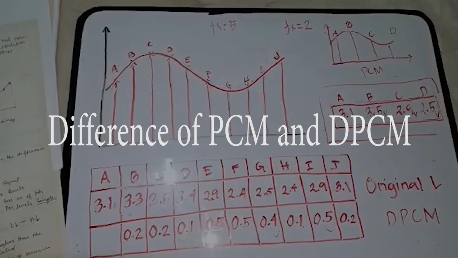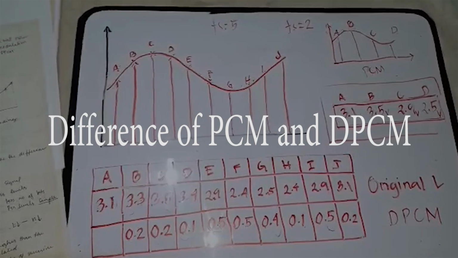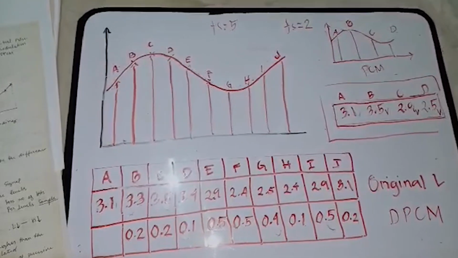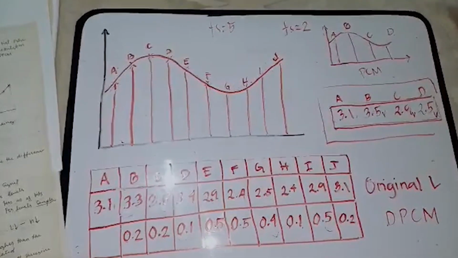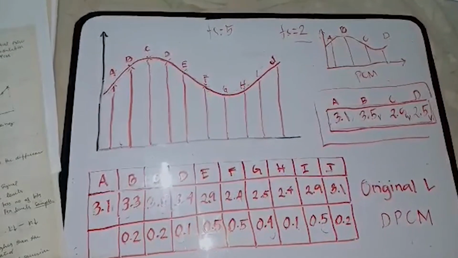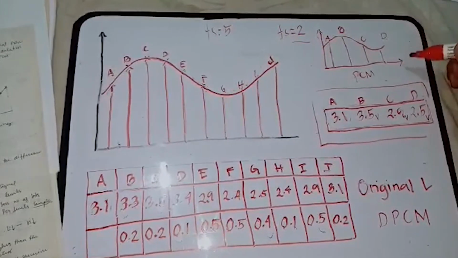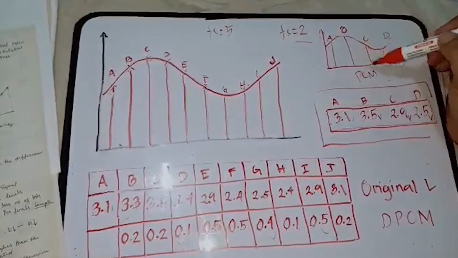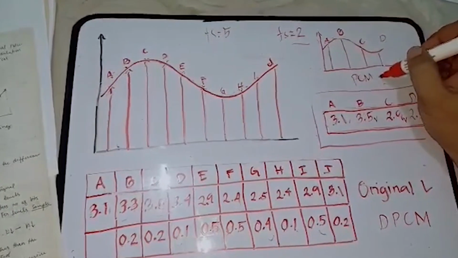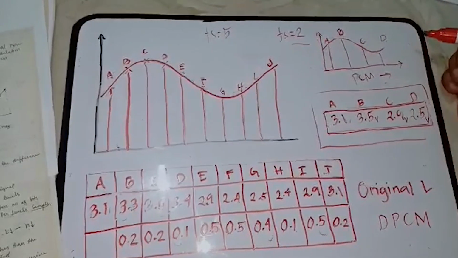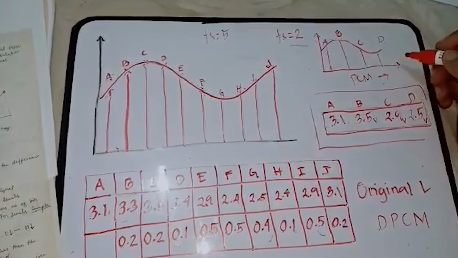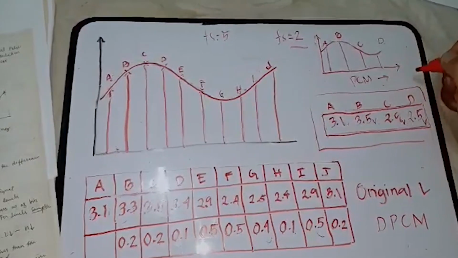Okay, now let's compare first the difference between PCM and DPCM. For example, we have a bandwidth rate of 2. So in PCM, lahat ng information regarding that data is going to be transmitted, so it requires large memory for encoding.